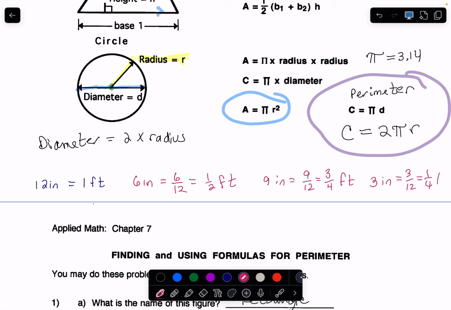This is 1/4. So every 3 inches is 1/4 of the way. 1/4 and 1/4 is 2/4, and another one is 3/4. So 3 inches is 1/4 of a foot. That's a very common measurement when you talk about lumber and things like that. Okay, so now you have that as reference.